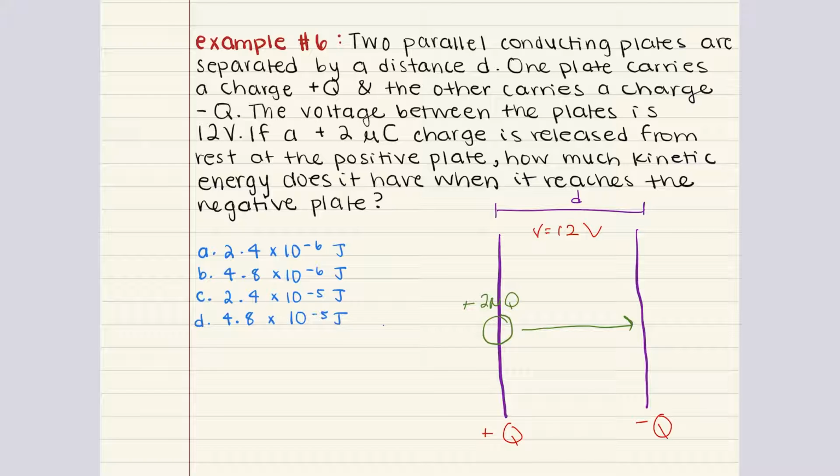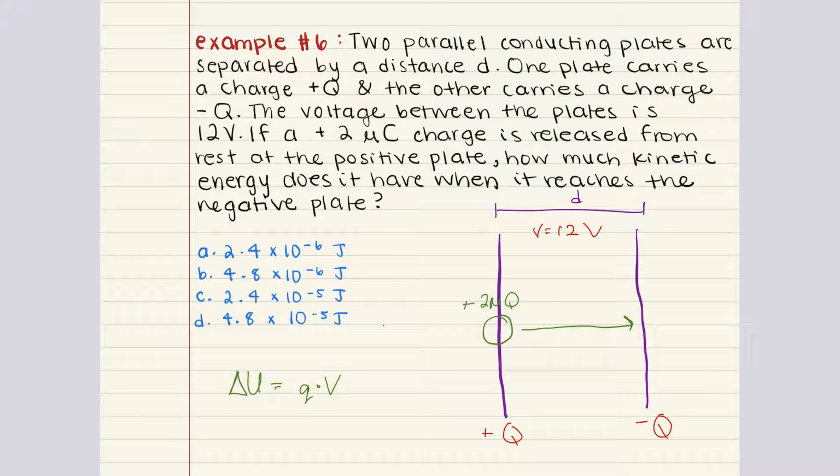When a charge moves between 2 points with different electric potentials, its electric potential energy changes. For a charge Q moving across a potential difference V, the change in electric potential energy is given by this formula: delta U is equal to Q times V. Delta U is the change in electric potential energy.